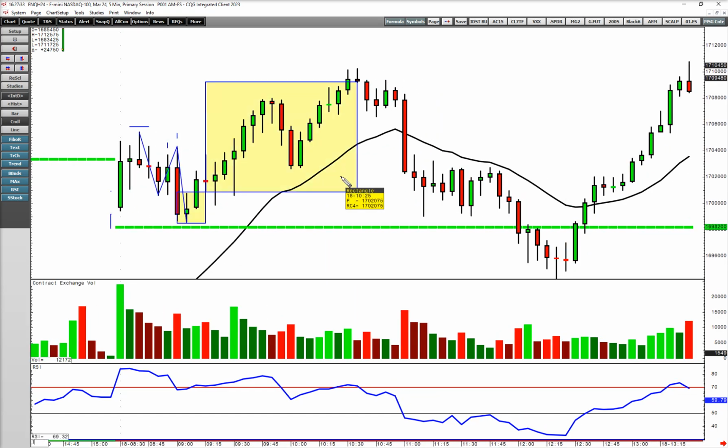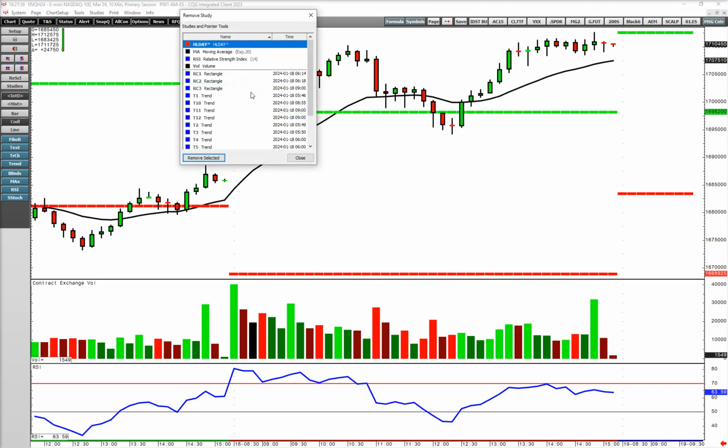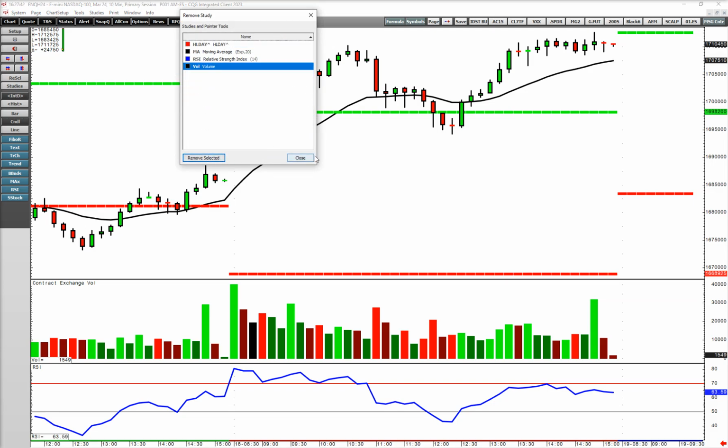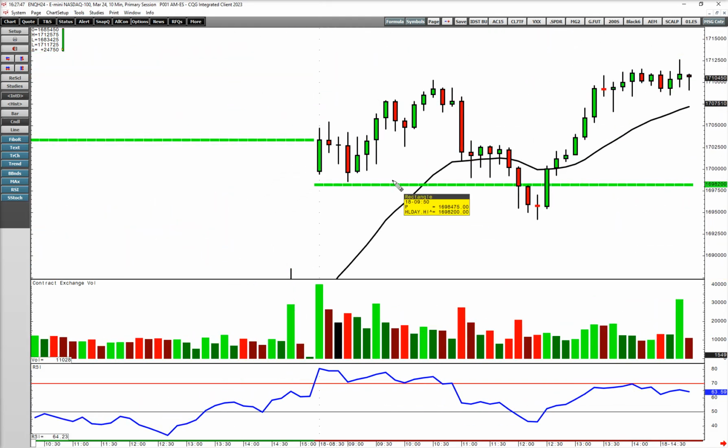Then, as the day matured, if you switch to a 10-minute chart, which we realized yesterday, a lot of the stuff worked out well on a 10-minute chart, which I was blind to since I was looking at 5 and 15, but thankfully my partner Alex was looking at the 10 and pointed it out. But here, if you remember, this was the bar where we got our 4x on the 5-minute chart.